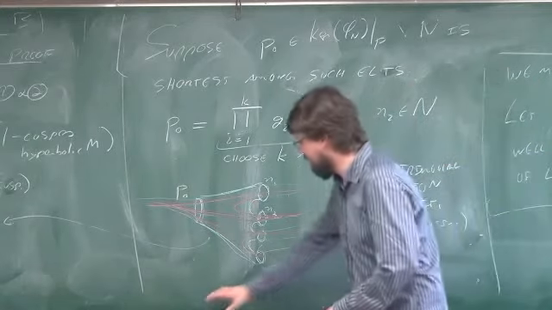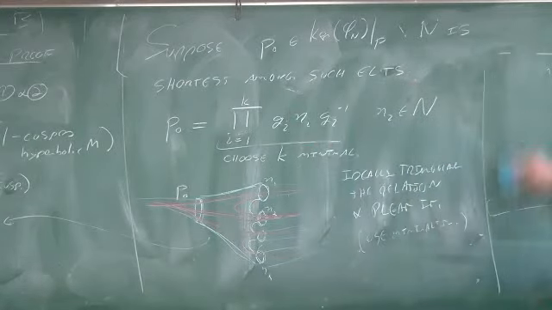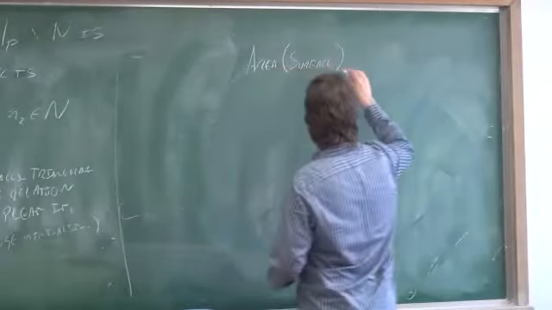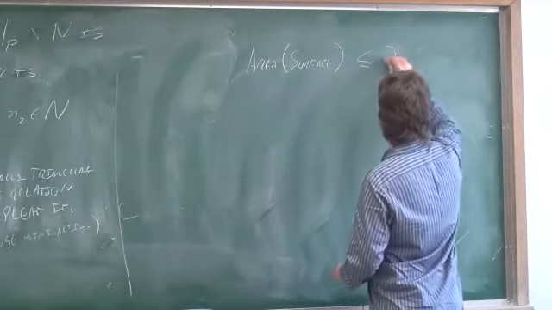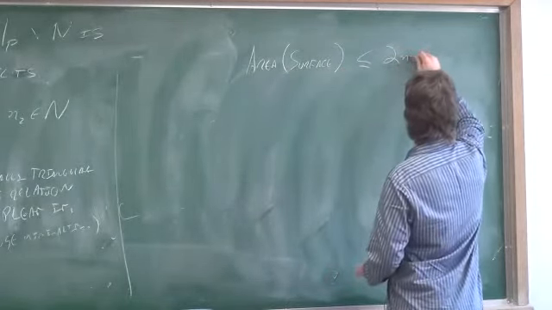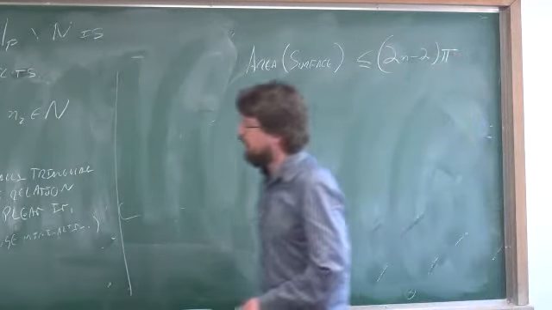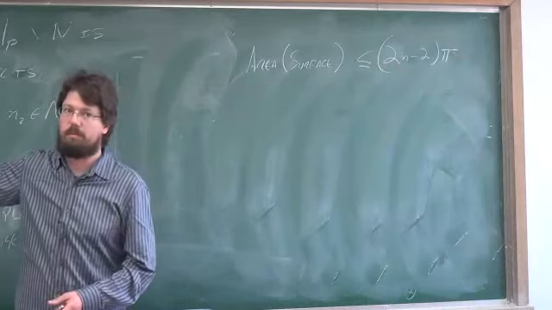And then I just think about the area of this triangle. The area of the surface is at most 2n minus 2 times the area of a hyperbolic ideal triangle, right?